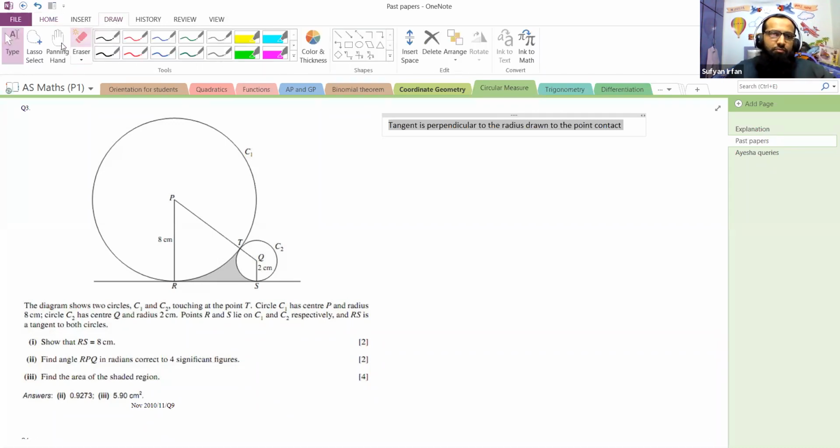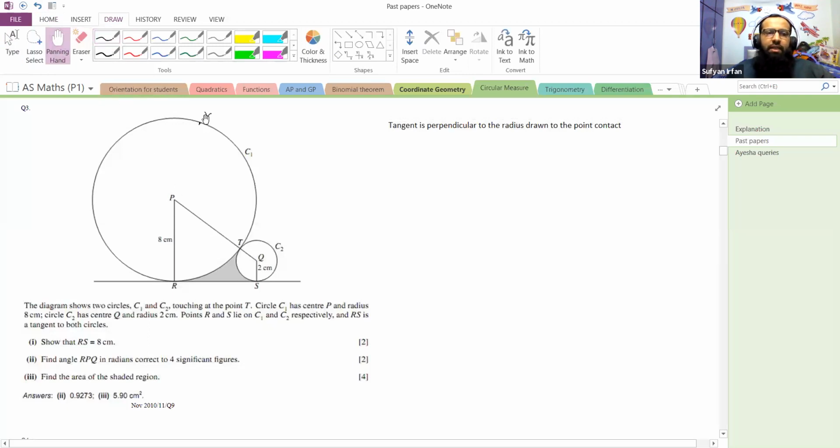PR is radius, PT is radius. Even if you are going to mark a point X, then that is also going to be the radius. PX is also radius, but PX will not be perpendicular to the tangent, because PR is the radius and R is the point of tangency. If we are going to draw a tangent at R, then PR will be perpendicular to the tangent.